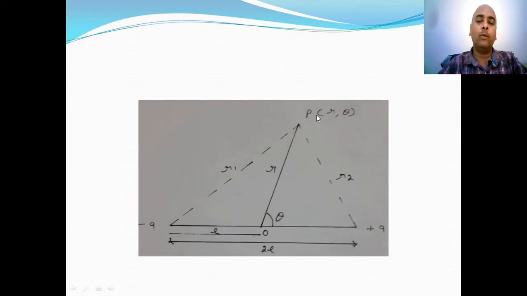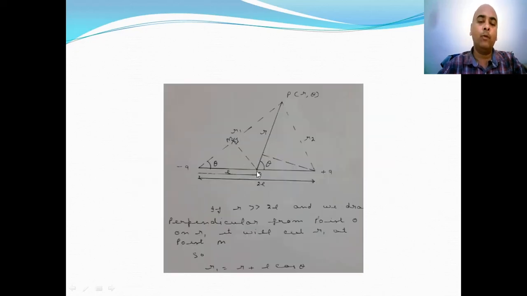To calculate the potential at point P, we must know the distances r1 and r2 of point P from charges minus q and plus q. In order to find the relation between r1 and r, and r2 and r, I am drawing a perpendicular from the origin on line r1.